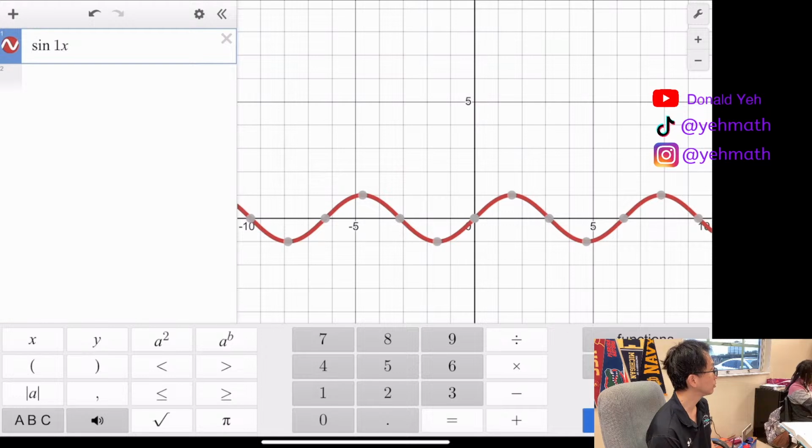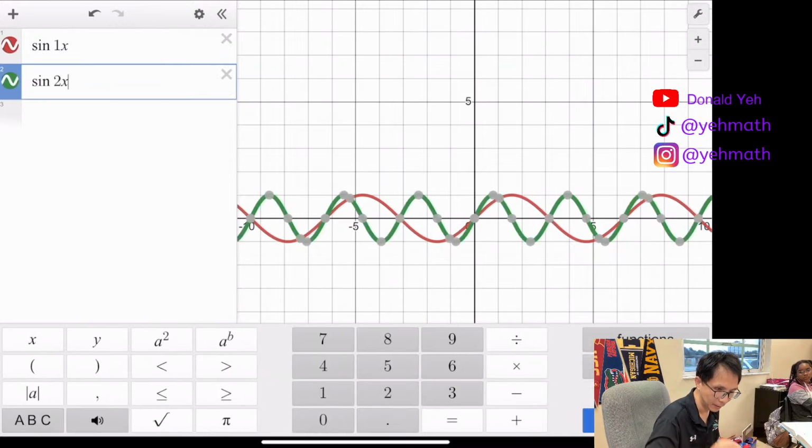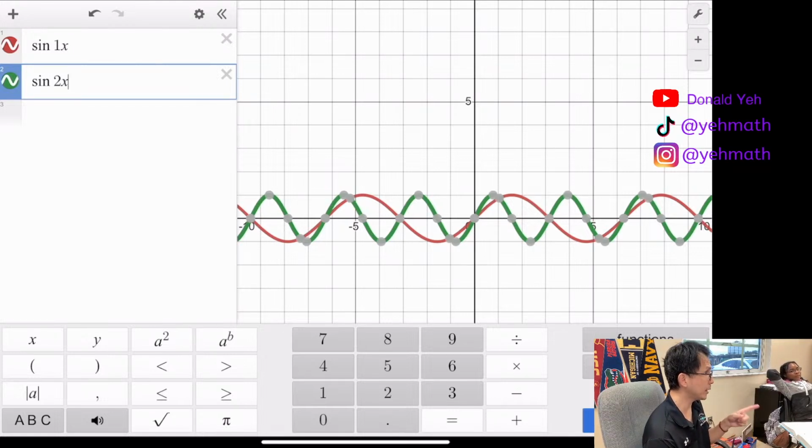It gets wider? Let's see if it gets wider. It gets smaller. That's called a compression. If b is greater than 1, it's actually compressed. And we're going to talk about how much it's compressed.